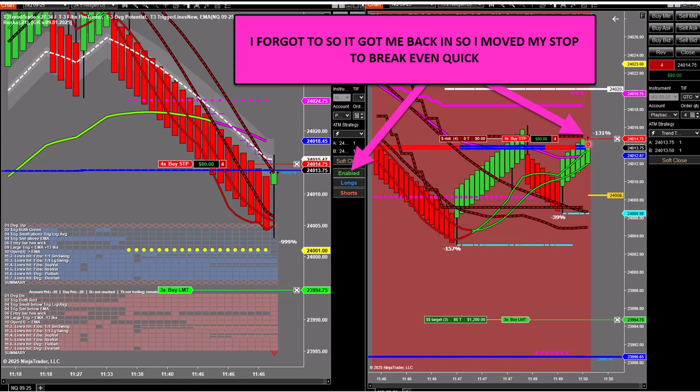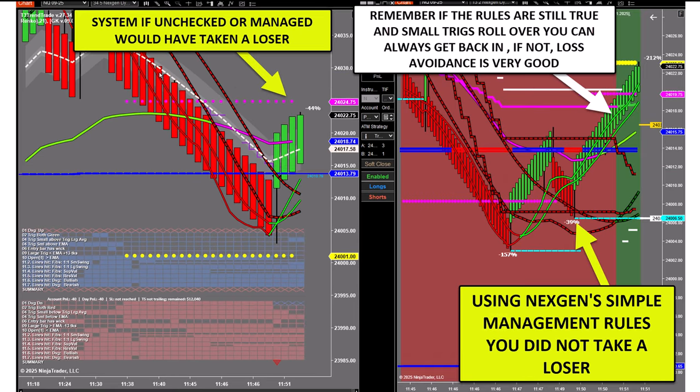So fortunately it bounced just a little bit, and I was like, let me put my stop at break even because I don't want to trade into higher divergence on the wrong side of my large triggers. That just doesn't work out when you have a blue fib and higher divergence. It goes higher almost all the time. And then ultimately, thankfully, I got out, and you can see what we feared the first time was true.